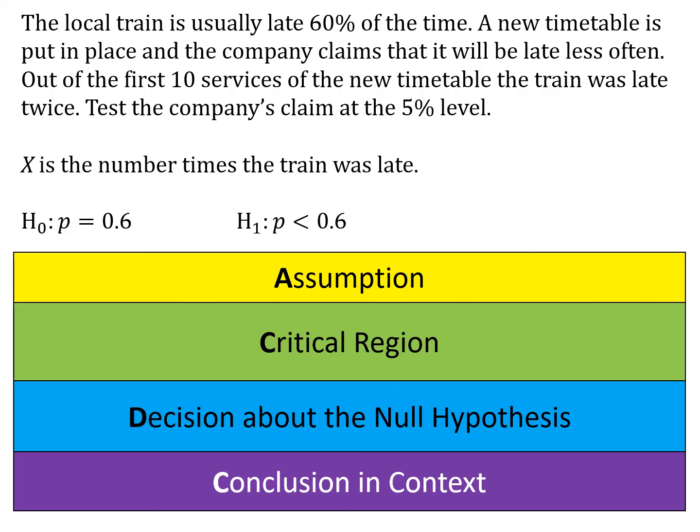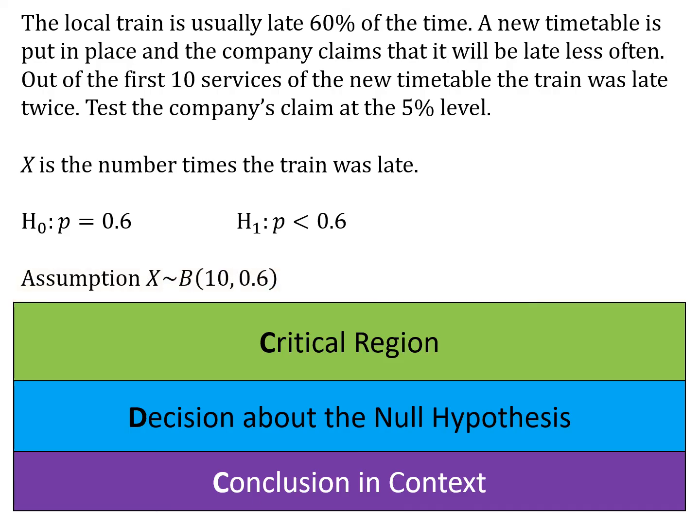We assume that the null hypothesis is true and write down the distribution. In this case, it's a binomial distribution. We're looking at 10 services, so that's our n, and assuming that the null hypothesis is true, the probability of it being late is 0.6. We then use our calculator to work out the critical region.